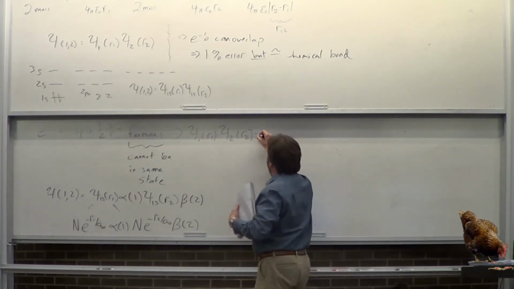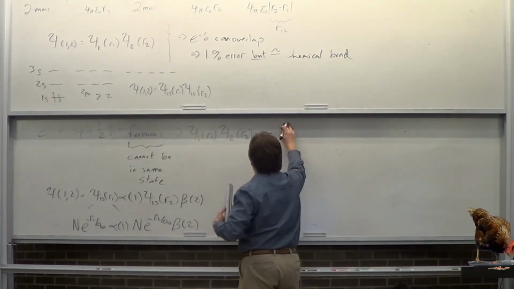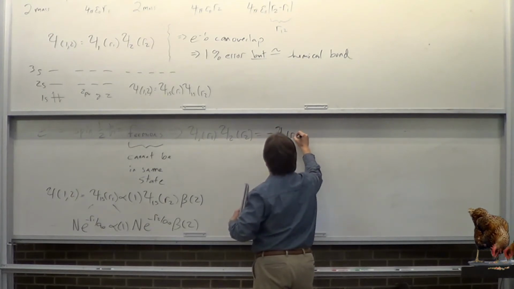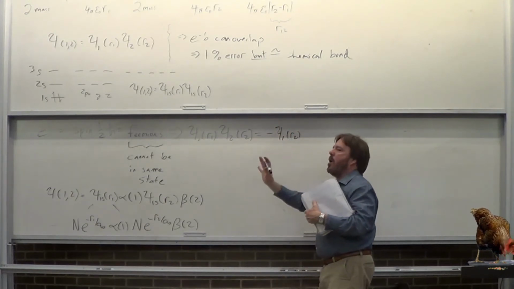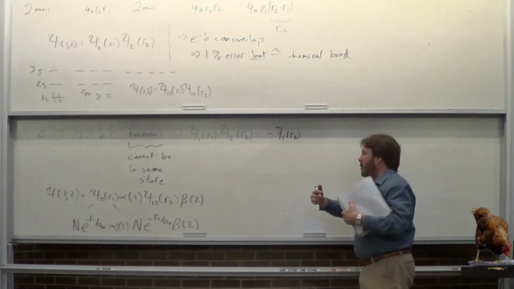Okay, the way to handle this fermion deal is to require this to happen. Now this is going to sound nuts, but I am saying this correctly, it's just hard to interpret.